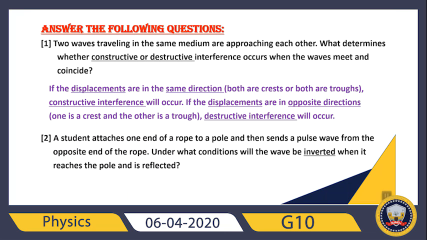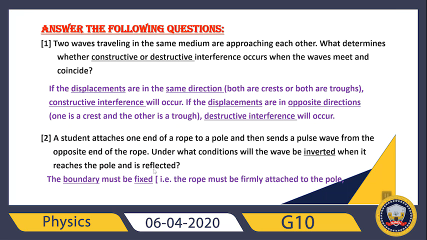We have said before the difference between the free boundary and fixed boundary. If it is a free boundary, the wave will only be reflected but not inverted. But here, what is the condition for the wave to be inverted after reflection? So the boundary should be fixed. Yes, the boundary must be fixed, which means the rope must be firmly attached to the pole, unable to slide up and down.